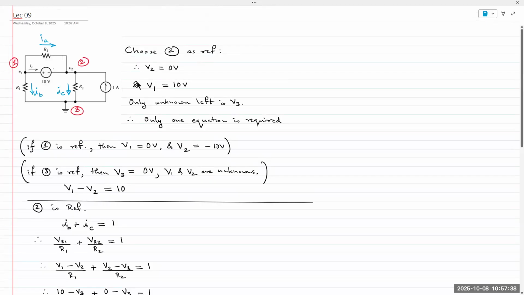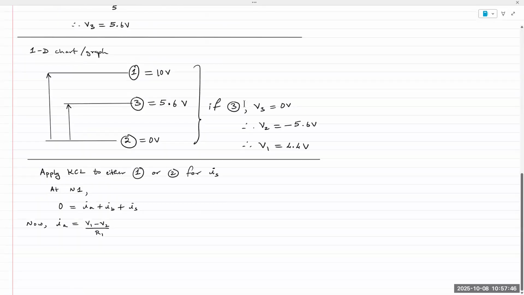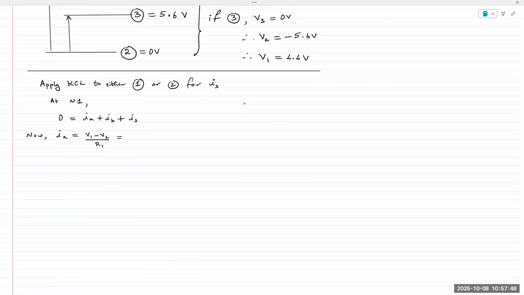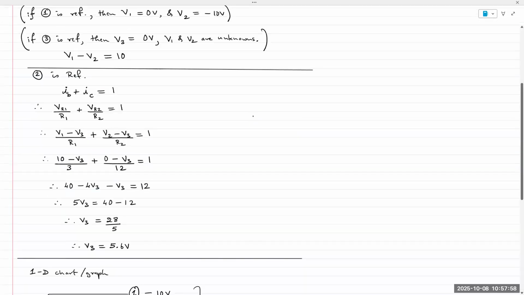The other way to look at it is R1 is in parallel with the 10 volt source. That means it is simply 10 divided by R1. So this is simply 10 divided by 3. And that gives me IA. And then IB, I can calculate from here. You plug it in and you find your IS. Okay, and that's it. That's the solution to the problem.